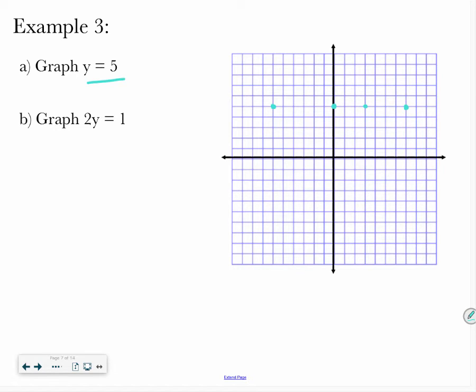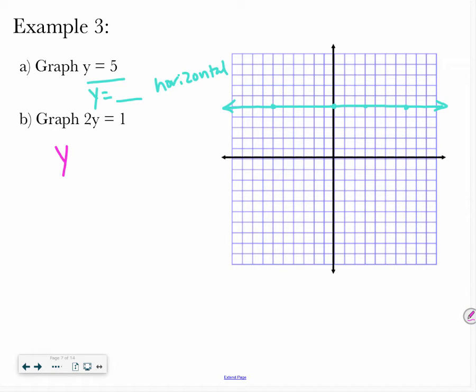So I notice a trend here though. My y value is always 5 right here. So I draw a horizontal line. When you have a y equals something, it's a horizontal line. So with that in mind, graph 2y equals 1.